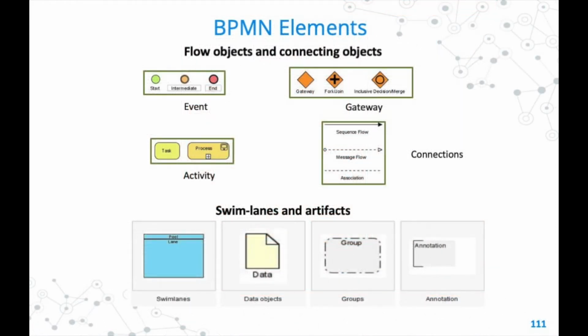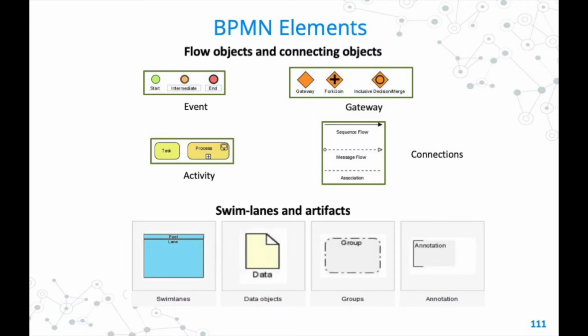Let's take a look at the key elements of BPMN. The first is the event. An event is represented with a circle and denotes something that happens. Typically, these are triggers that start the process rather than activities, which are something that is done. The second is the activity.